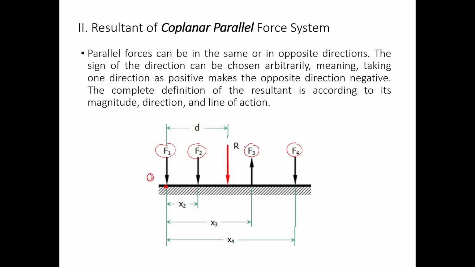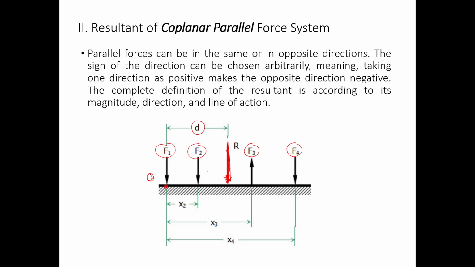In order for us to determine the resultant, the resultant will be in this direction. Let's assume it first because we don't know if the resultant is in this position. But of course, upon determining the distance d, we can adjust the location of your resultant force.